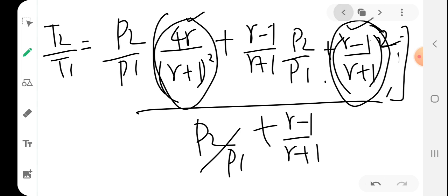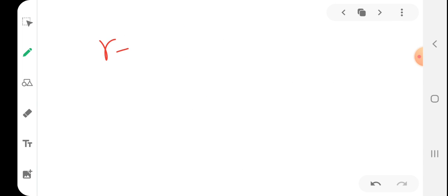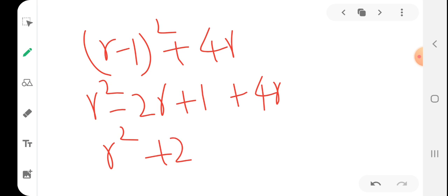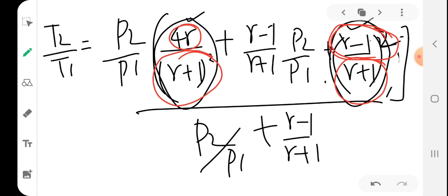If you add 4 gamma, the denominator is the same, gamma plus 1 whole square. Numerator is 4 gamma here, and gamma minus 1 whole square there. So gamma minus 1 whole square plus 4 gamma is gamma square minus 2 gamma plus 1 plus 4 gamma. It is gamma square plus 2 gamma plus 1. So this will be equal to gamma plus 1 whole square, right? So if you add these numerators, you will get gamma plus 1 whole square.